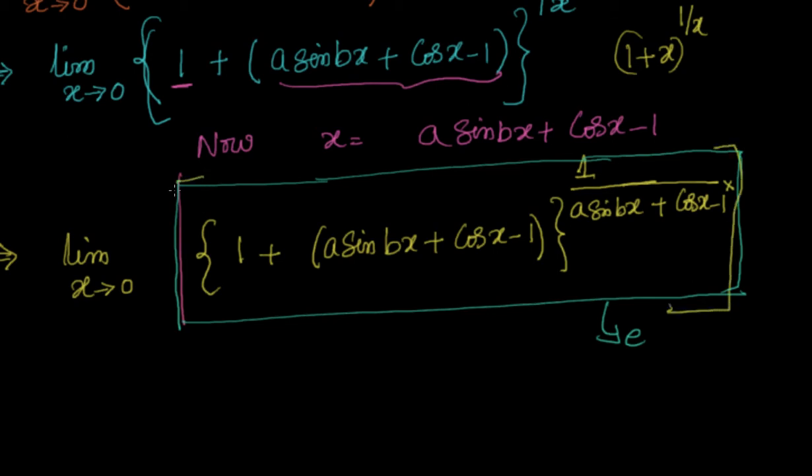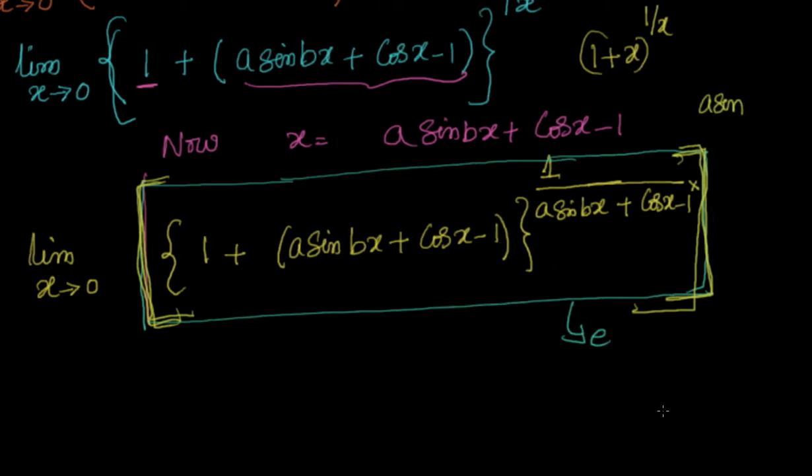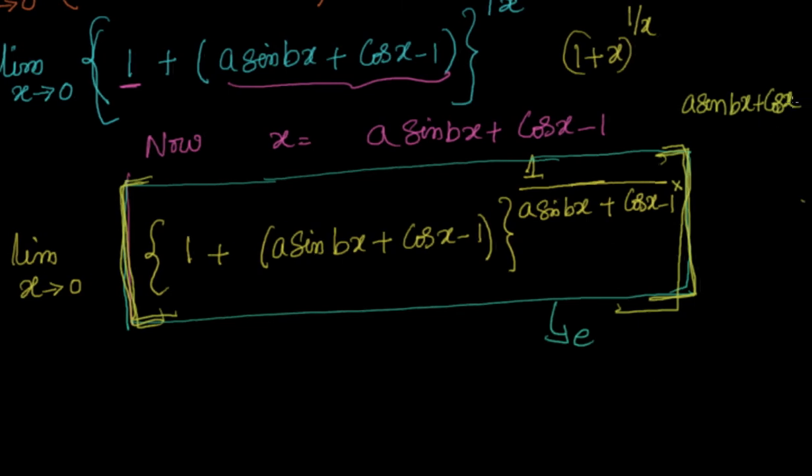I'll take a square bracket and say to the power of this whole thing: a sin bx plus cos x minus 1, divided by, now you can see that by doing this I have made sure that I haven't modified the earlier expression. Only the 1 by x is missing, so I will say it this way.